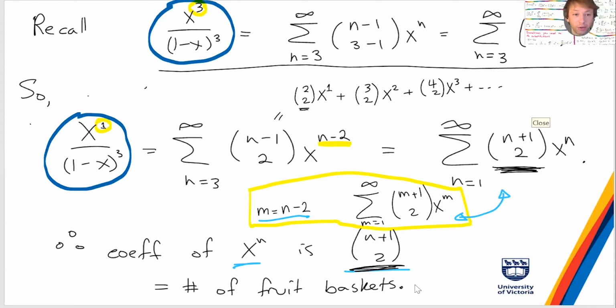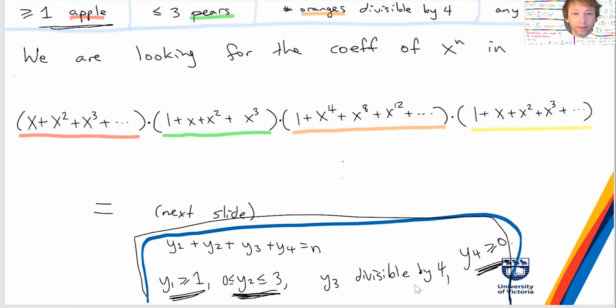So basically, if I wanted to give you a recipe for how to do this: take your question, write out the generating function like we did here, where the first factor counts the number of ways to choose the first thing, like apples, then the second one counts the second thing, third thing, fourth thing, and so on. And then from there, just start doing the algebra.